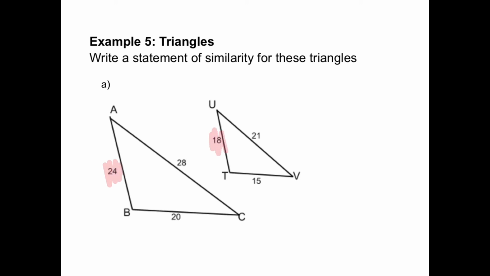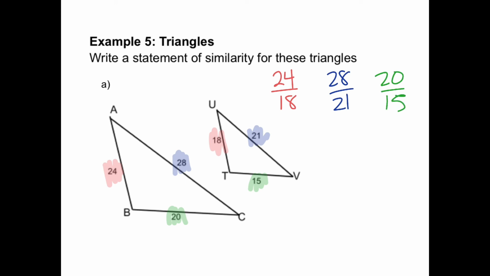So the 24 with the 18, the 28 with the 21, and the 20 with the 15. These are the proportional relationships, the ratios that I will set up, and I am going left to right, and I have to be consistent with that. 28 over 21, and then 20 over 15. And again, the question is, do these equal each other?